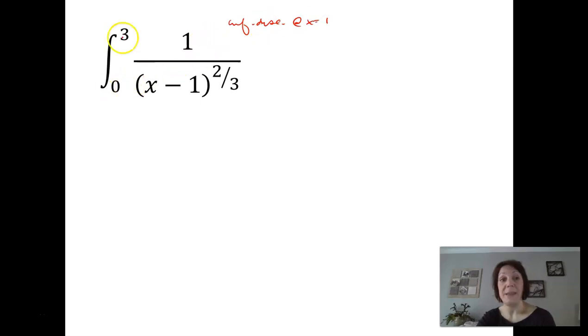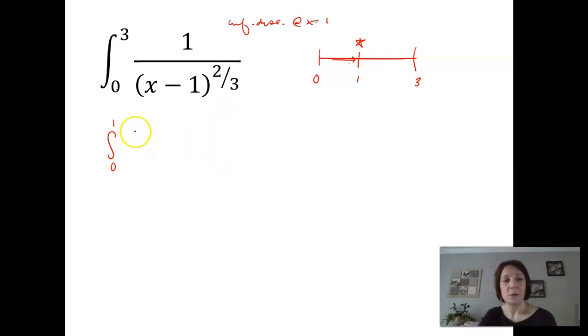Okay. So that means that I need to break this. So I'm going to go from 0 to 1, because 1 is where my problem is, and then from 1 to 3. So I'm going to have two integrals. Right? My first integral is going to go from 0 to 1, and when I approach 1, I'll be doing it from the negative side.